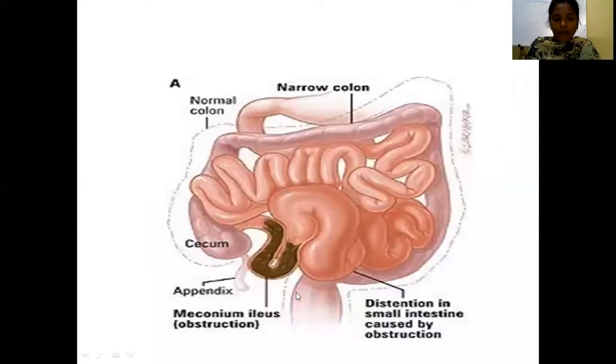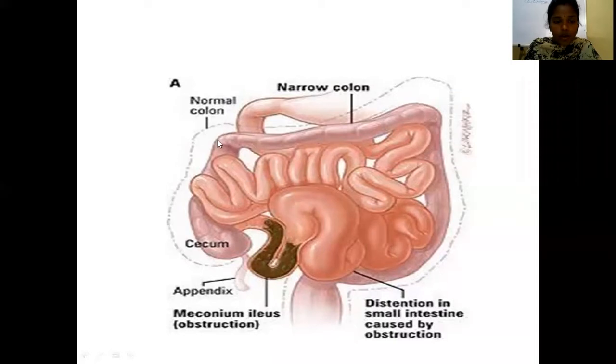See, in this diagram, this is the normal colon, the outline one, and this is the terminal ileum where the thick viscid paste-like meconium will be accumulated, causing obstruction or dilatation of the small intestine. This is the dilated small intestine. And this is the cecum, ascending colon, the transverse colon, and the descending colon.